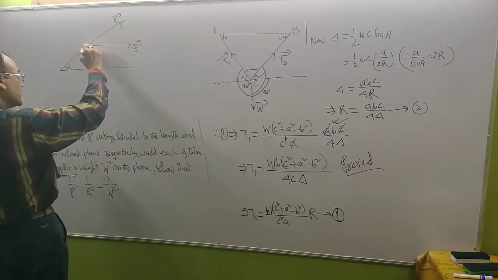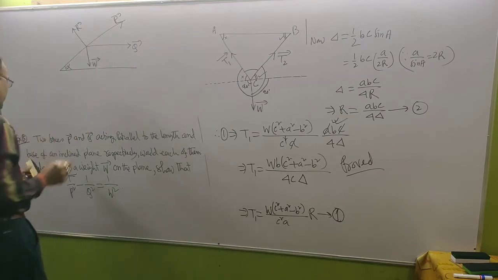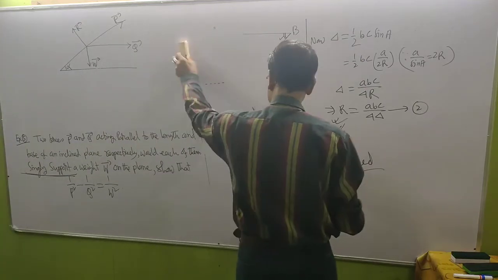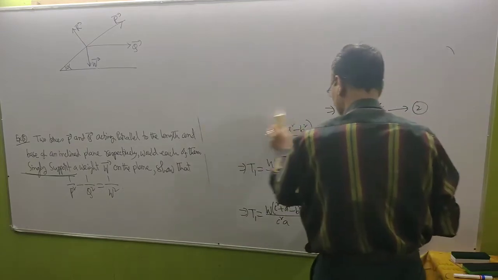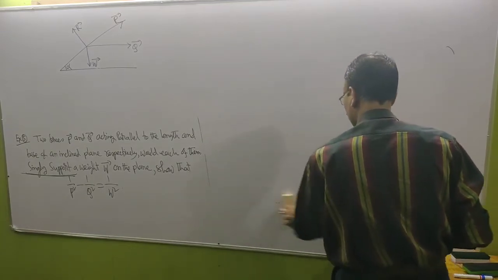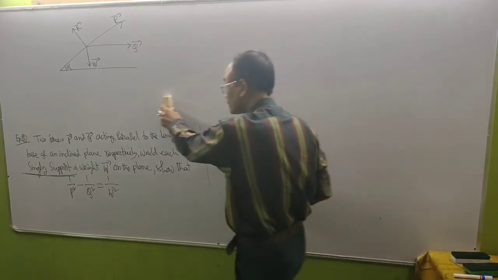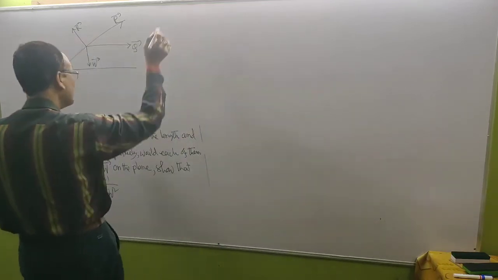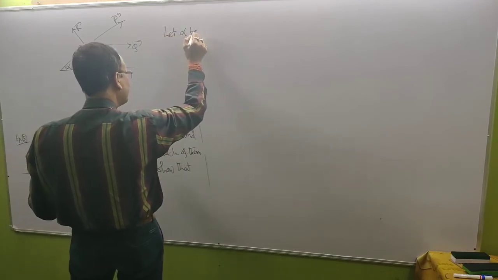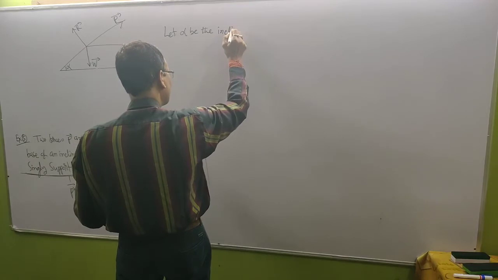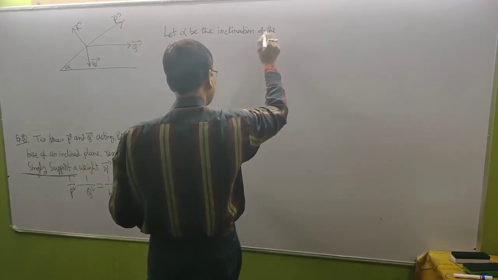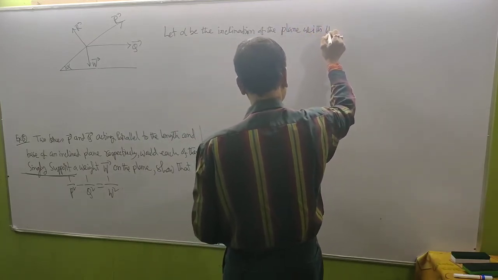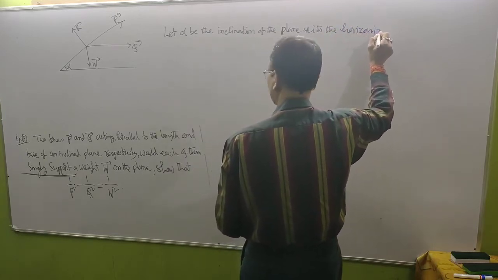Suppose R is the normal reaction. According to the question, let alpha be the inclination of the plane with the horizon.